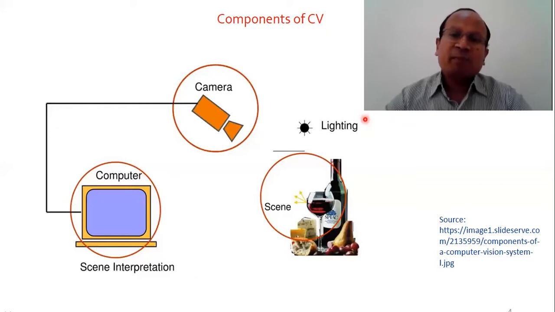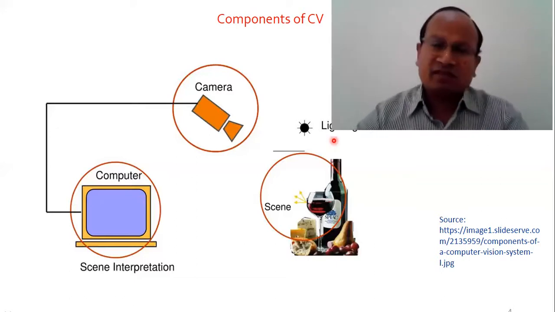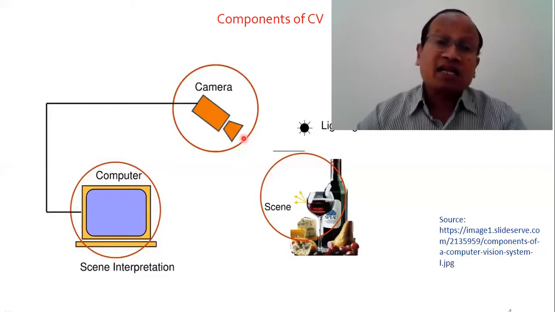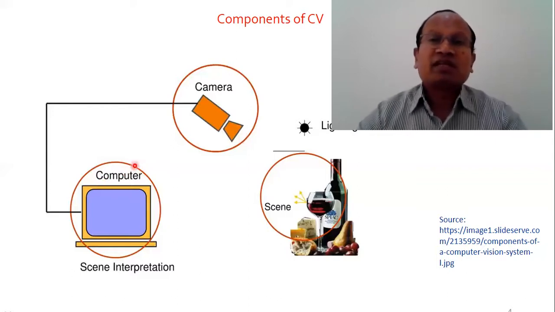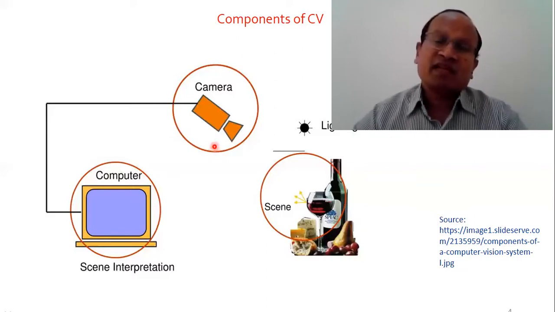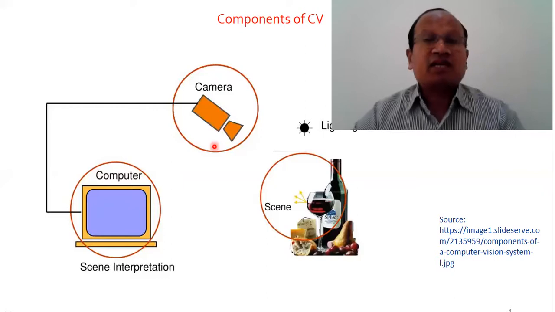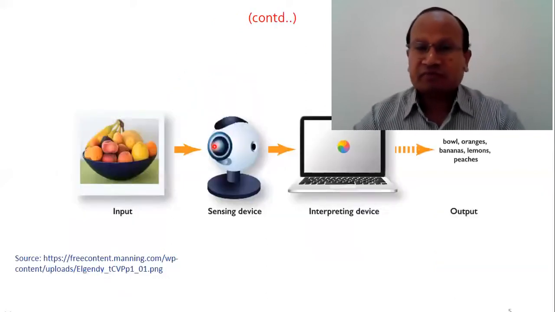Because appropriate machine learning methods and computer algorithms are run inside the computer that train the computer. Computer learns by those algorithms, and then it interprets, it develops some knowledge base, and then it provides understanding and interpretation of the scene or the object which has been fed to the computers.